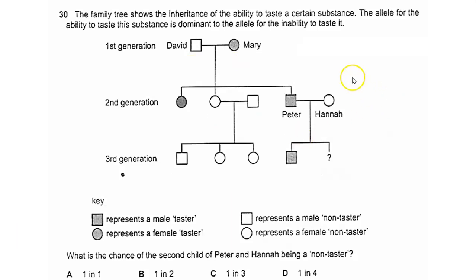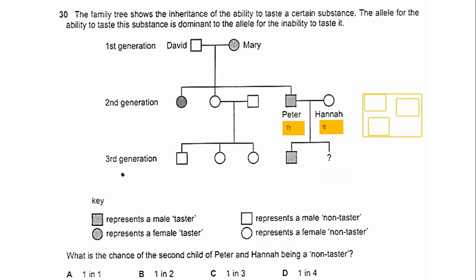We know that Peter is heterozygous, as we agreed before, and Hannah is homozygous recessive, as we agreed before. So if we're going to draw a Punnett square, looking like this, we have the 4 options.